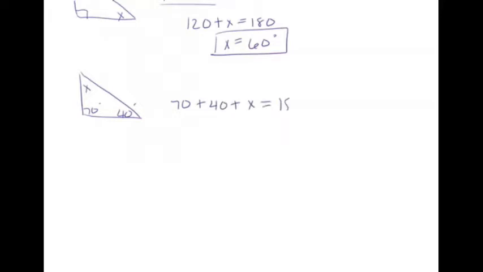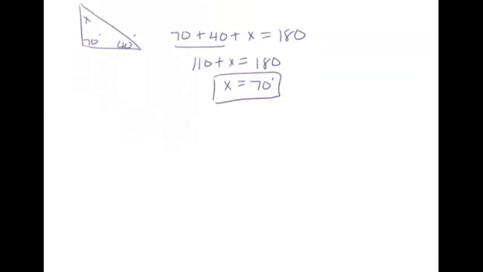So I'm going to write them down just like that: 70 plus 40 plus x equals 180. Again, I'm going to combine like terms and solve for x. I'm going to subtract 110 from both sides, and x is going to give me 70. So that's my missing angle.